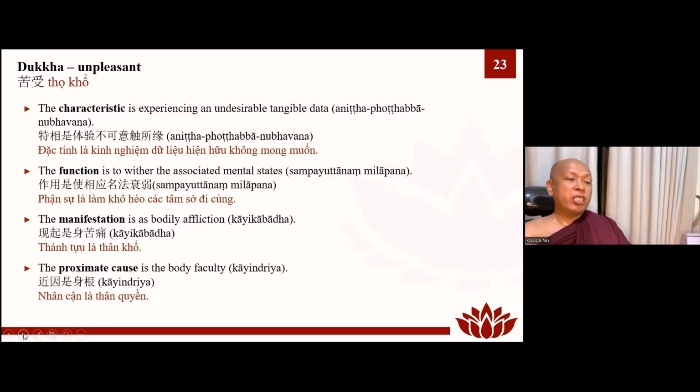The function is to further the associated mental states, then it makes the associated mental factors weak and inactive. The manifestation is bodily affliction. Of course, this is understandable, right? That's why it will be affliction. The proximate cause is the body faculty, kayindriya, as mentioned before, right? Body translucency.